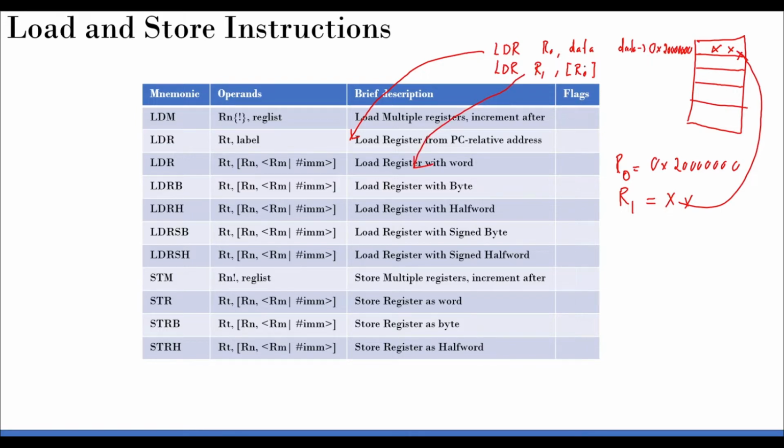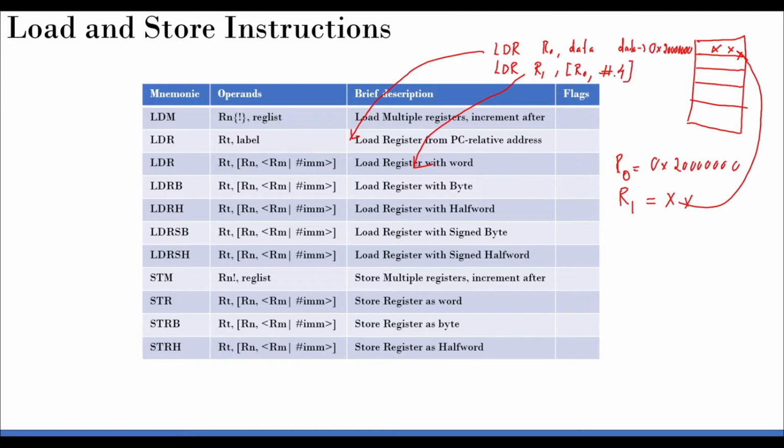There is an option to give an offset also. Instead of just R0, you can add an increment to the address. Let me remove this. Let's say I put hash 4.